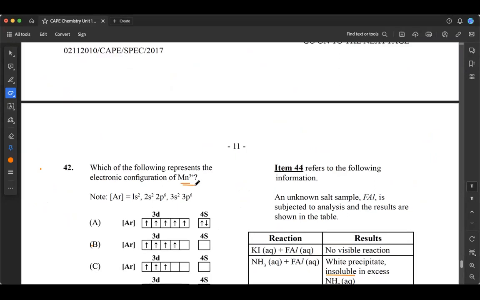Right, so let's write that one out. So the Mn3+ ion now, let us write the electronic configuration of that. Well, let's write what Mn is before we've lost those 3 electrons.